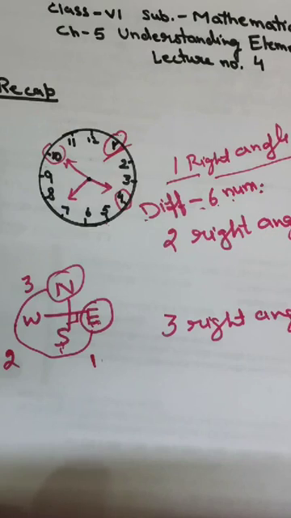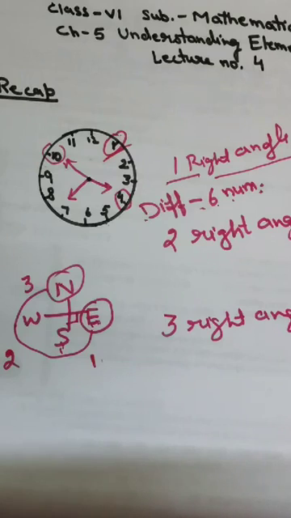See children, you have to keep in your mind that right angles will depend on the difference between two numbers of the hand. The difference must be of 3 numbers.